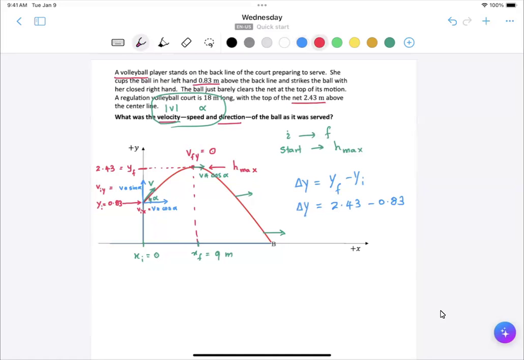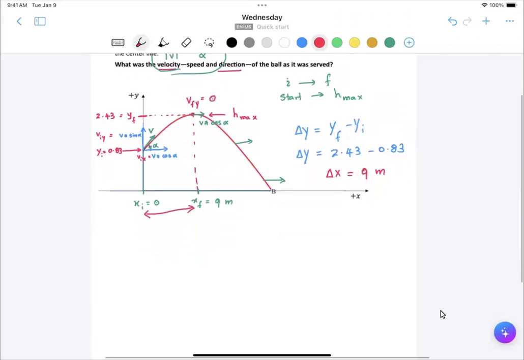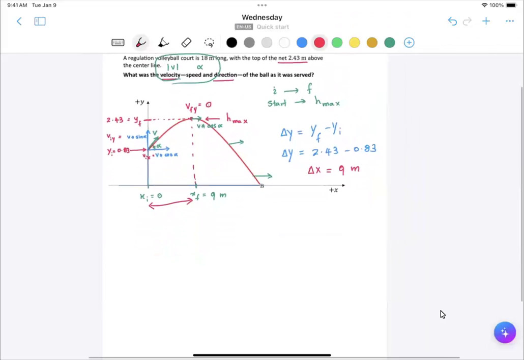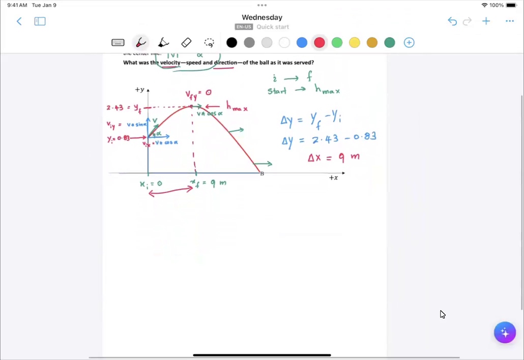At the same time, I do have delta x, that is this much right here, equal to 9 meters. So that gives an idea. We could apply equations along the delta x, delta y, or x and y directions. Okay, now everyone, let's consider.